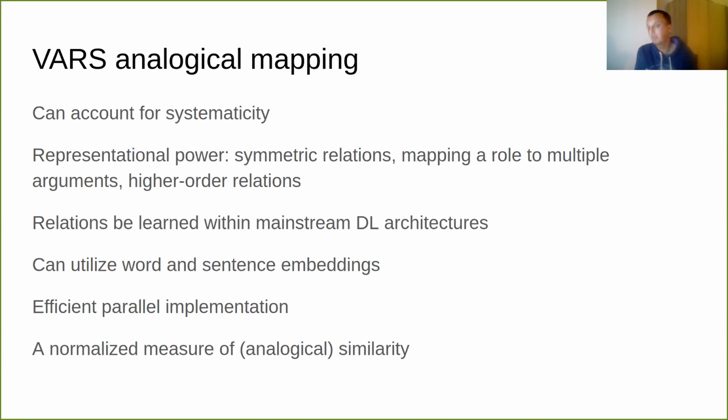This approach gives you such a measure because it's based on simple measures of vector similarity, which are normalized, such as cosine similarity. So it can produce a normalized measure of analogical similarity as well. Of course, you're not bound to use cosine similarity. I mention it all the time, but any kind of vector similarity measure can be used in this approach.